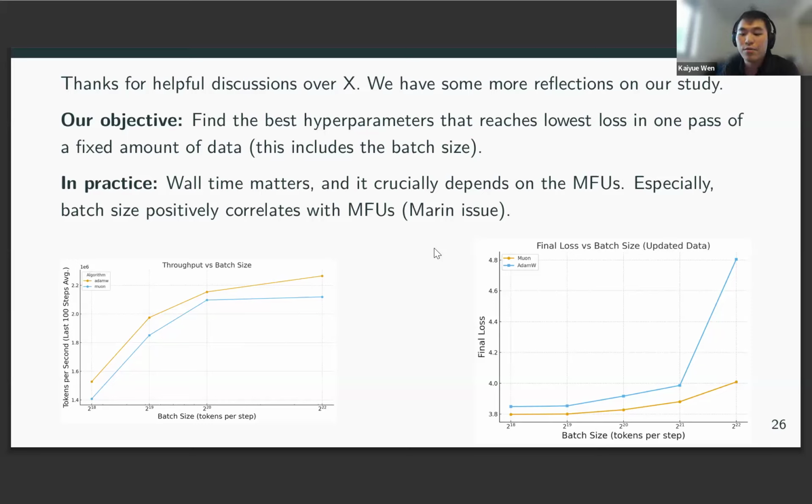Interestingly, we also observed, consistent with some previous papers, that with a larger batch size, Muon has an increasing gain compared to Adam. And I think this can account for many of the practical speedups that we observe in training larger models like K2, where people tend to choose Muon over Adam.